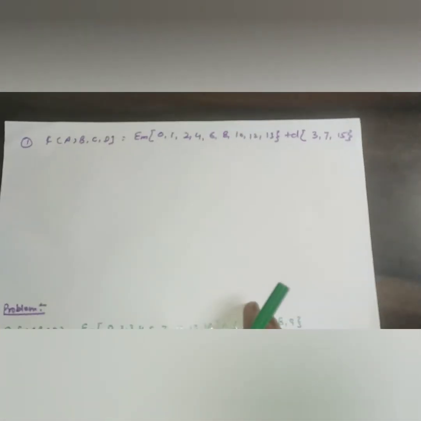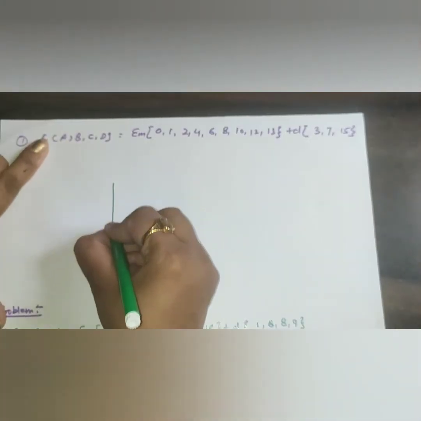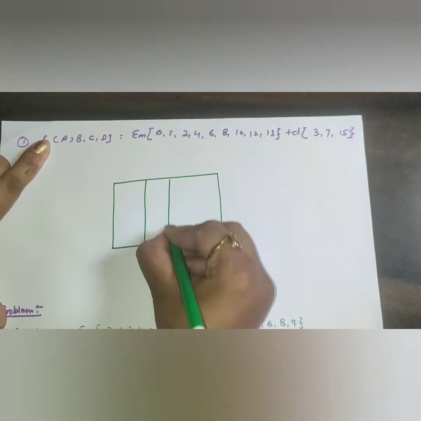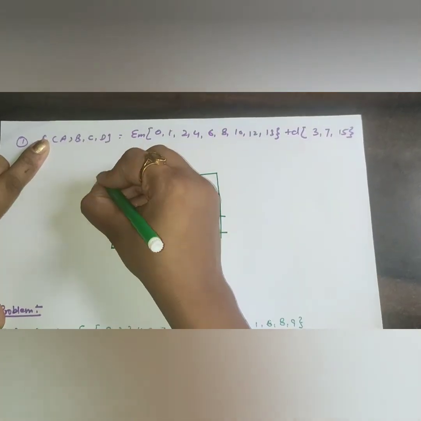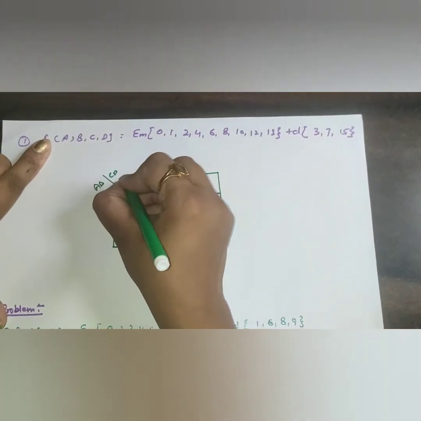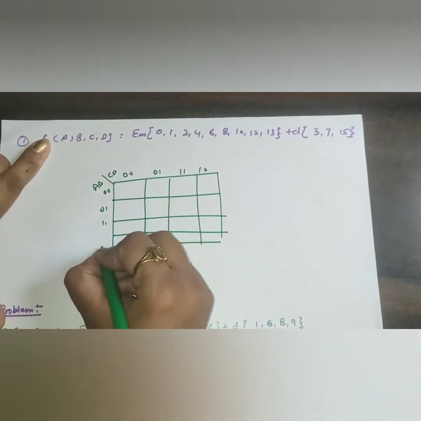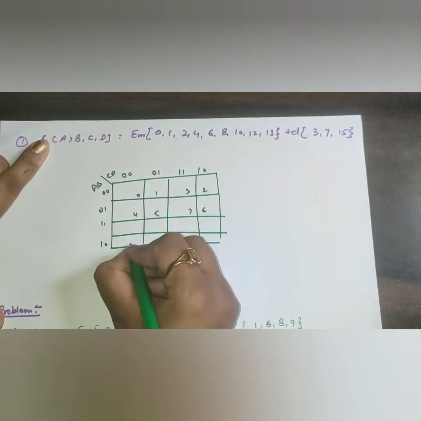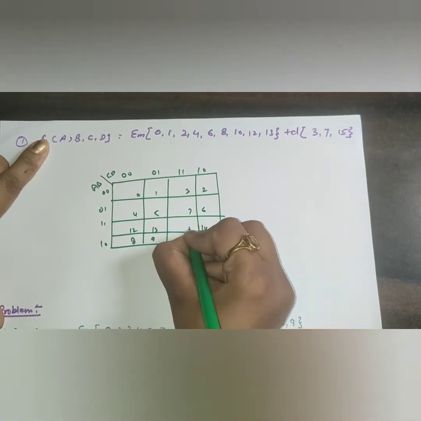Now we will talk about another example of 4 variables, so you will make your confusion clear. Like this: A B C D, 0 0 0 1 1 1 1 0, and the cells numbered 0 to 15.